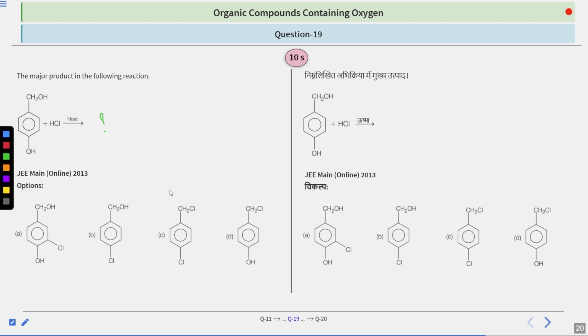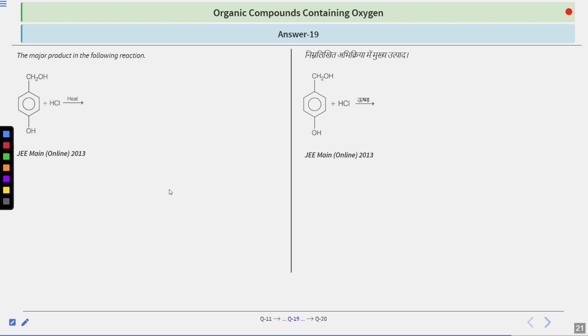You have some time to think about this question. After that, we will see the answer. Let's see. The correct answer for the given question is option D.